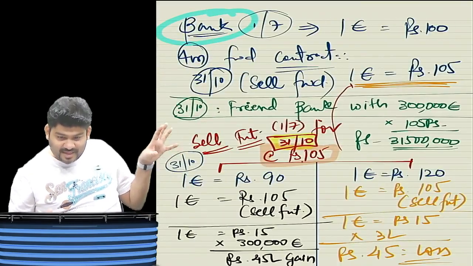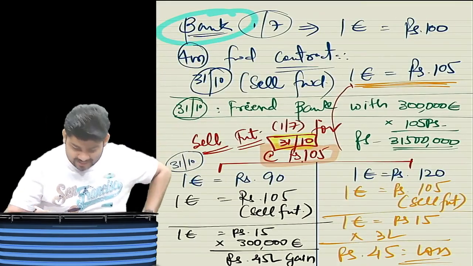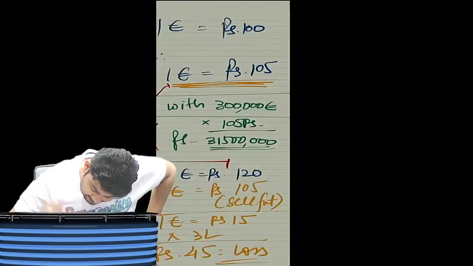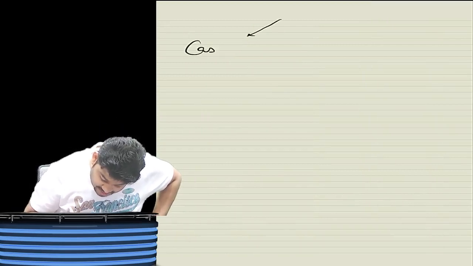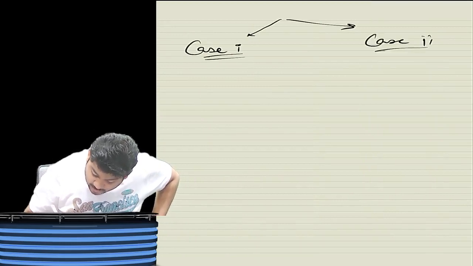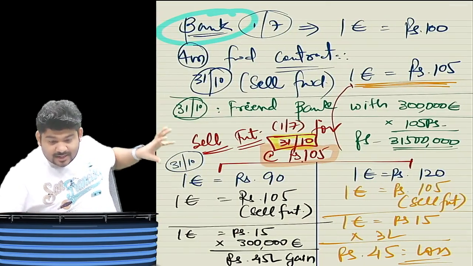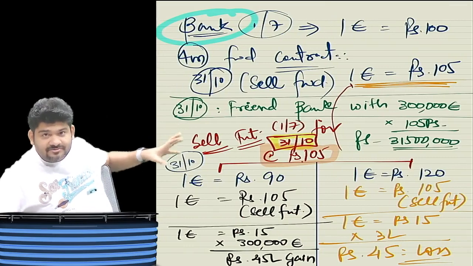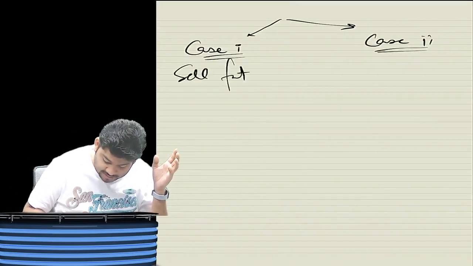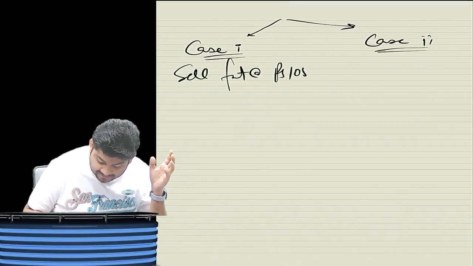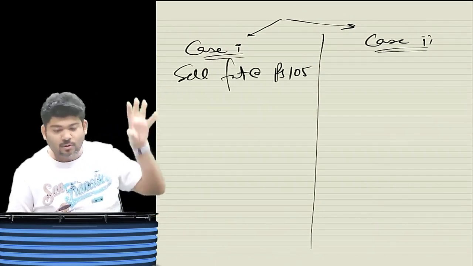Now, one point that I want to make very clear. See here. What has happened in case 1 and case 2, in our export case? Can I say I sold futures at 105? I sell futures at rupees 105. I told you there is always a counterparty.